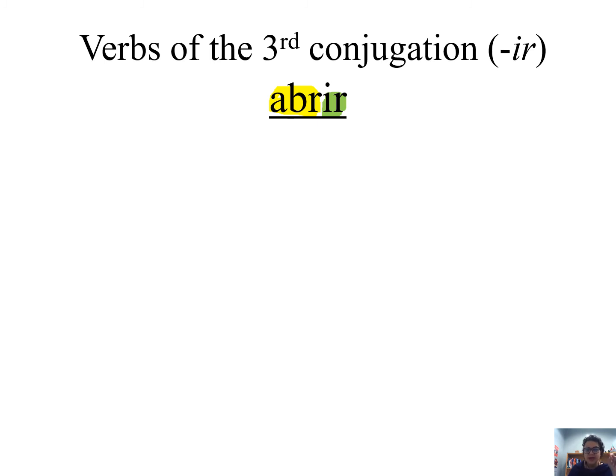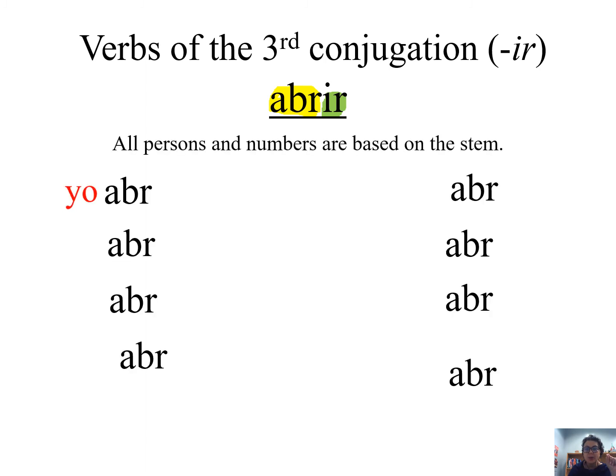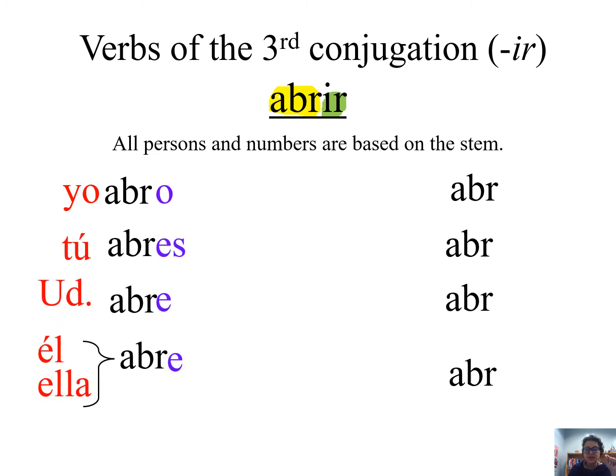How would you say I open? Yo abro. We keep the stem, we change the ending. What about in the you form? Tú abres. Usted, él, ella abre. Nosotros is the only one that changes, okay?